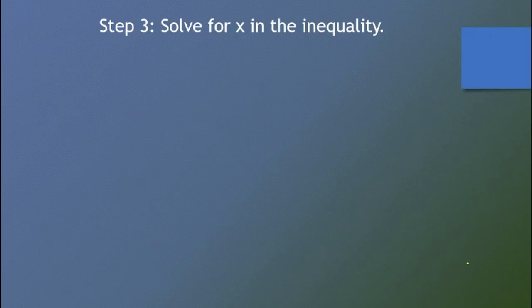Solve for x in the inequality. So, we have this given. So, dapat pagsamahin natin yung parehong may variable x. So, we have 6x minus 4x. So, si 4x nilipat dito sa left. At si negative 3 naman nilipat dito sa right.